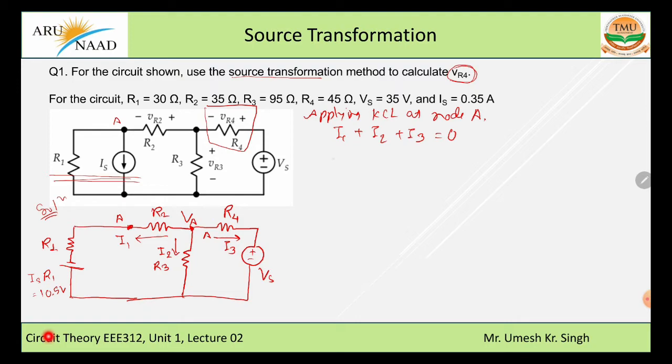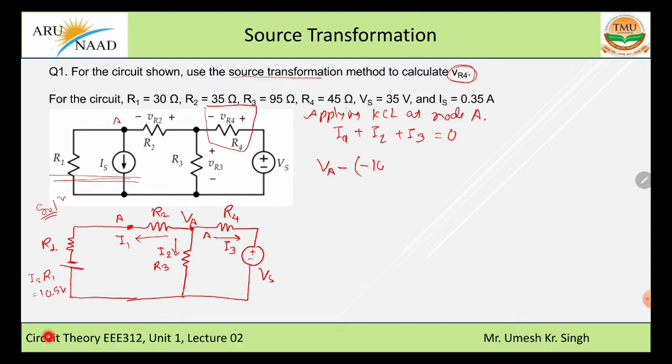Again, what is IA? IA is the current flowing from VA to R1, R2 and the voltage source. As the current we have assumed is flowing from VA to the source, VA is at higher potential, so we write VA minus, then what is the polarity? It is minus.